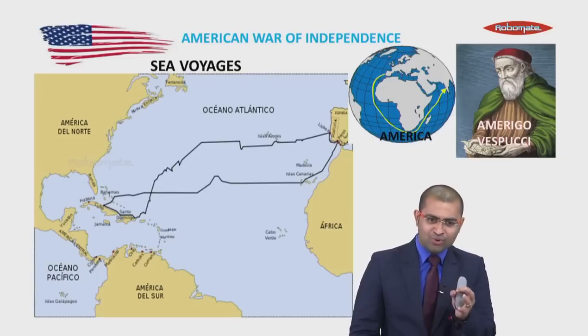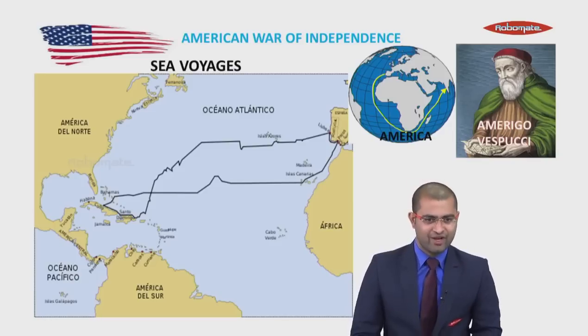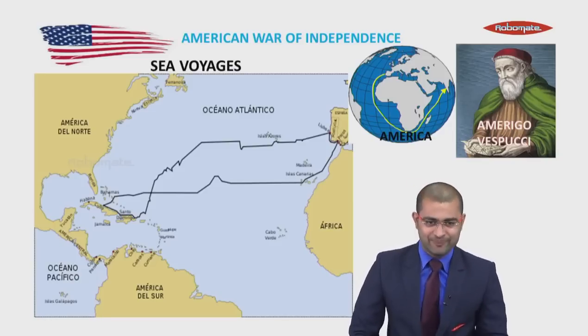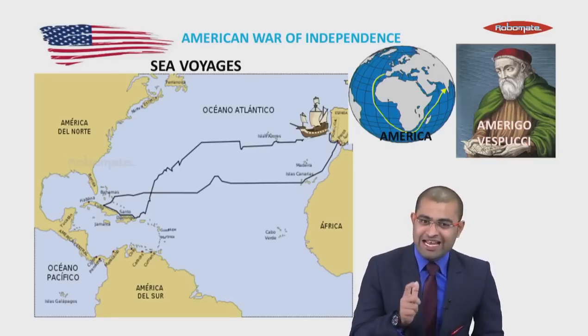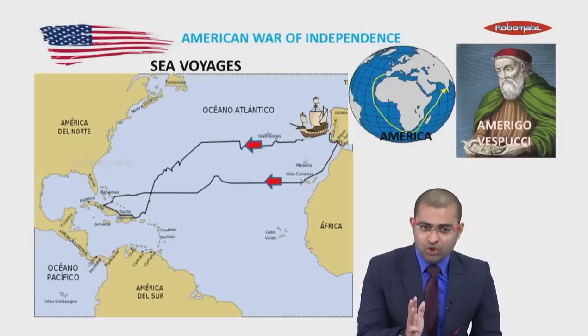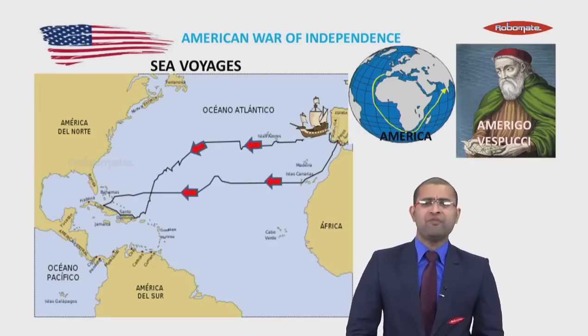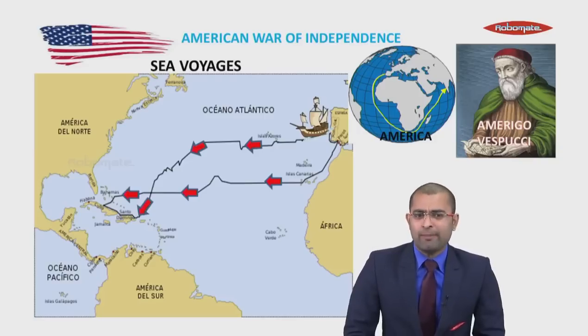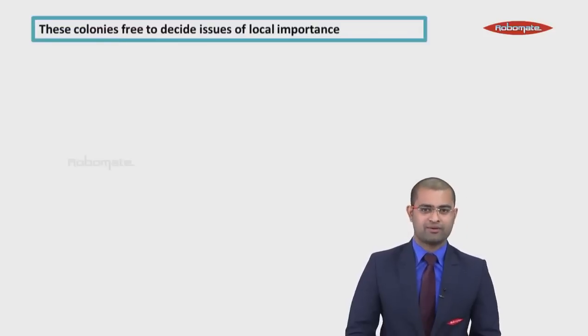Slowly, Europeans started entering this new land. First amongst them was England, followed by many countries like Spain, Netherlands, France, Portugal, etc. But England was the first country to enter America, and they formed their 13 colonies towards the eastern seaboard of North America.